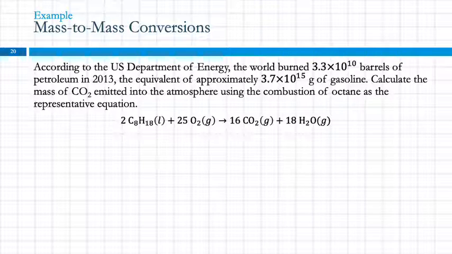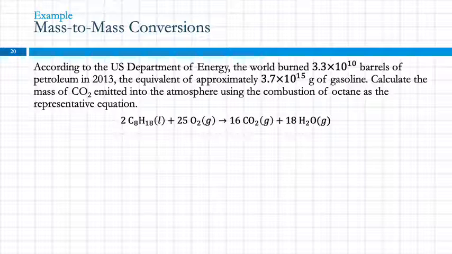And then we say that's approximately equivalent to this many grams of gasoline, because that was barrels of petroleum and they were approximating it in gasoline. So there's another approximation. So are we going to end up with a really firm number of how much CO2 was emitted by human combustion of fossil fuels? No. But we're going to get an idea, like a ballpark figure.